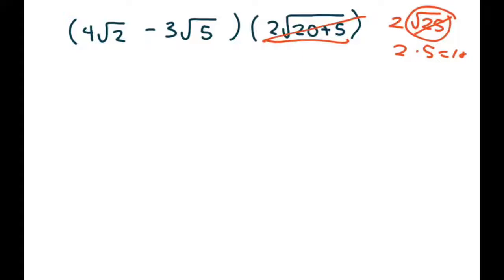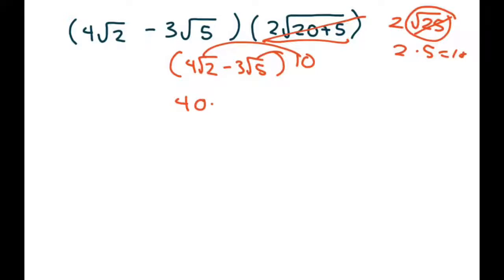So this whole thing equals 10. And I'm just going to distribute the 10 and multiply this way. So you're going to get 40 square root of 2 minus 30 square root of 5. And you can't combine these because these are not the same.